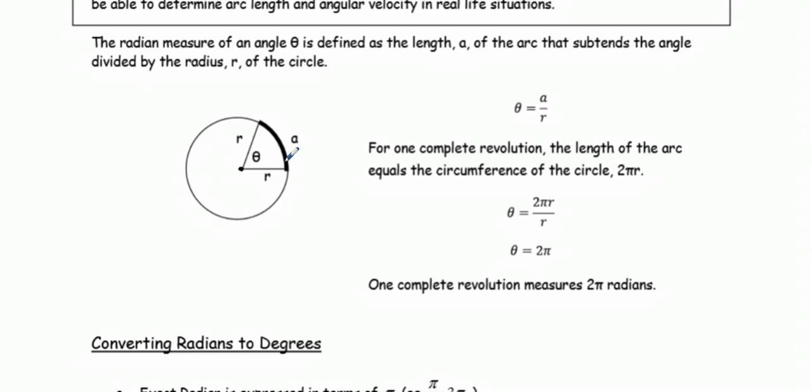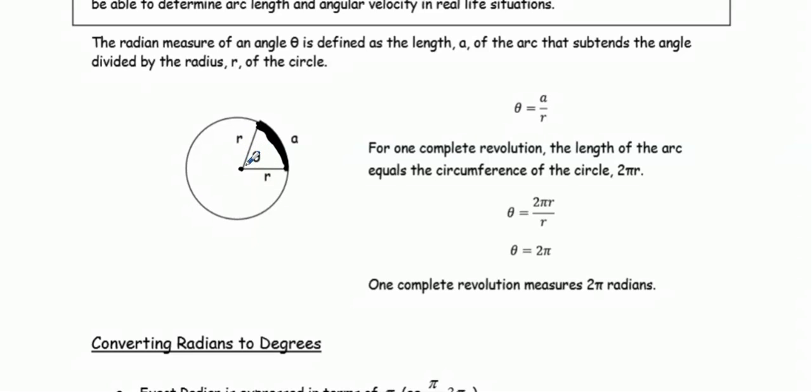This distance right here is called the arc length. It's the length of the arc between this radius and this radius, and the arc length is formed by this angle theta.